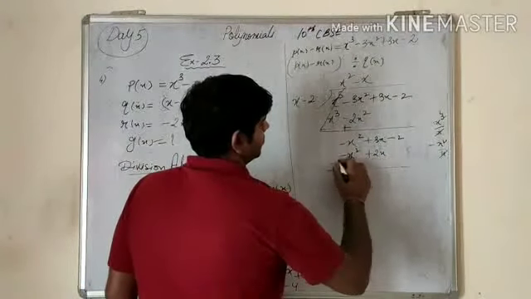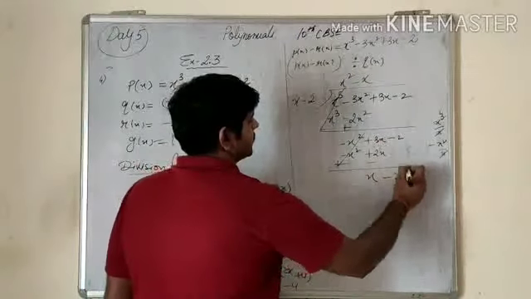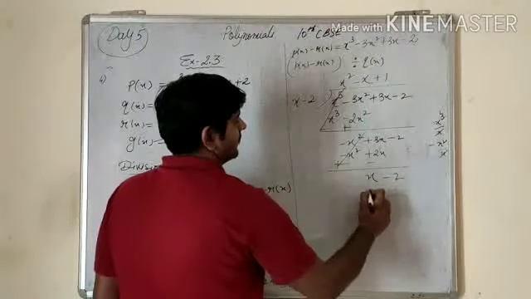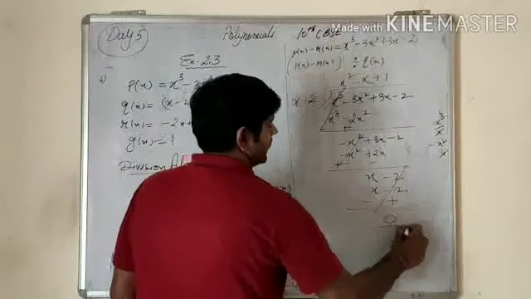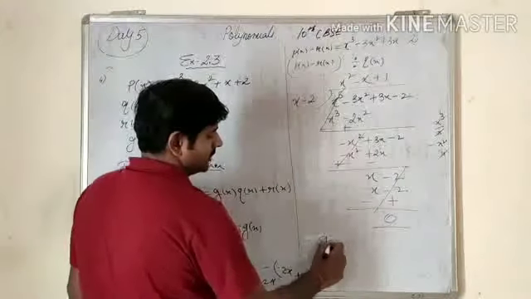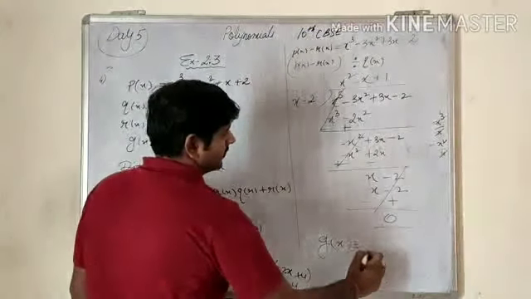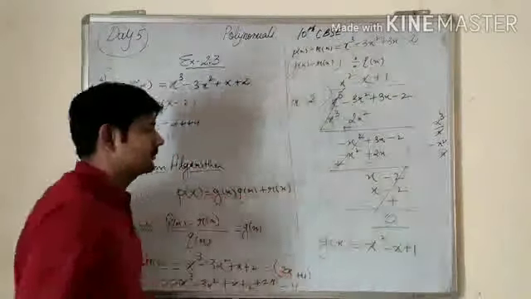After subtraction, it is cancelled, the subtraction is x minus 2, and first term divided by first term, we will get the same. Sign change, cancel, everything will be 0. So we can say this g(x) is x square minus x plus 1.